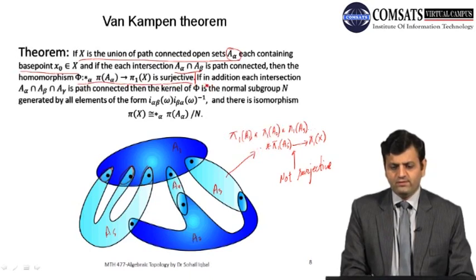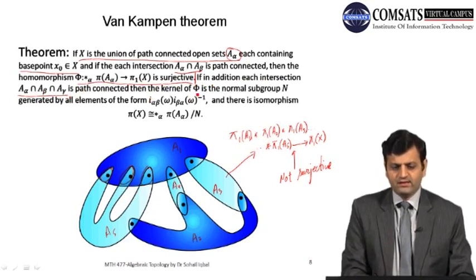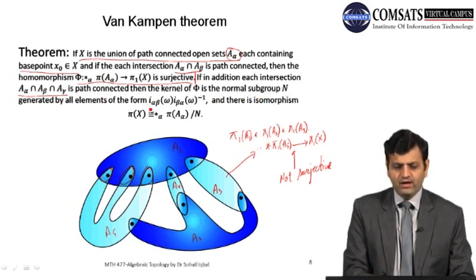So if in addition each intersection of any 3 components is path connected, then the kernel of phi is the normal subgroup N generated by all elements of a certain form. So what are these elements?